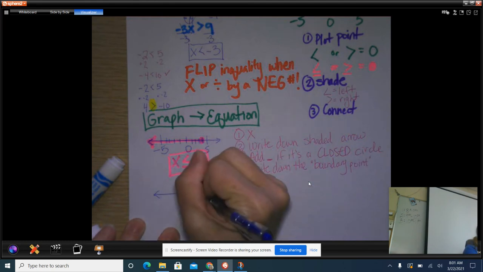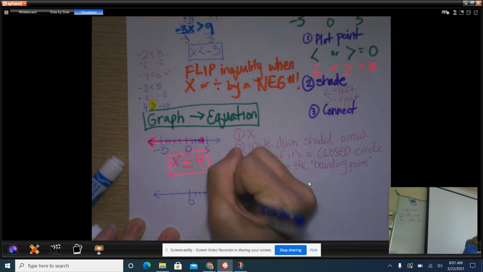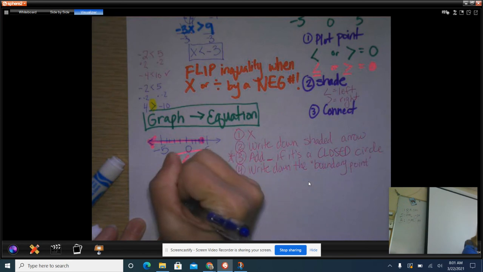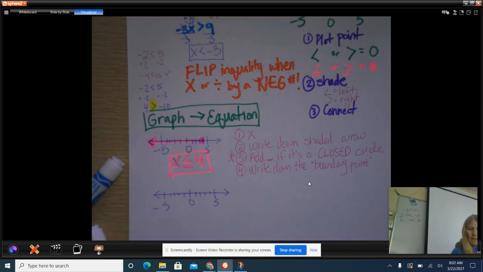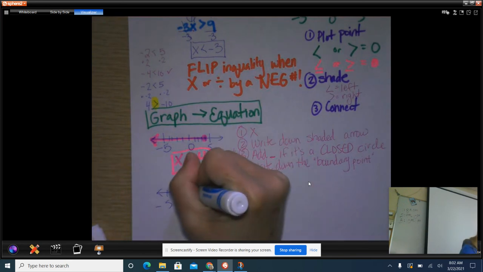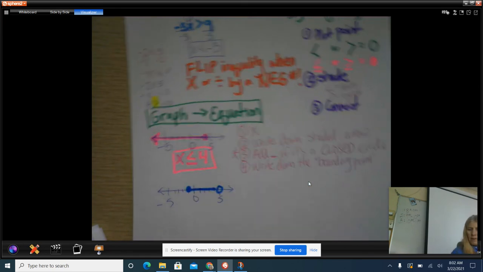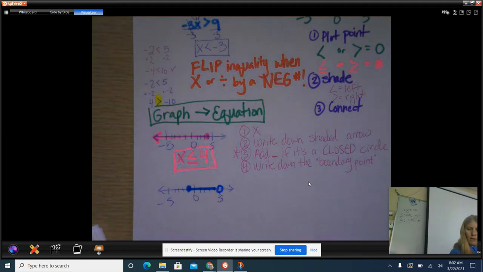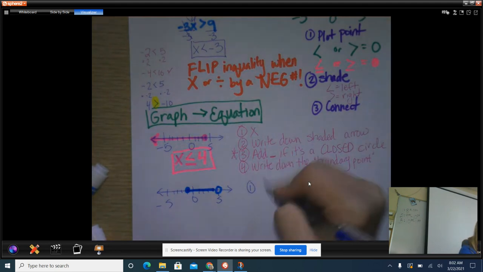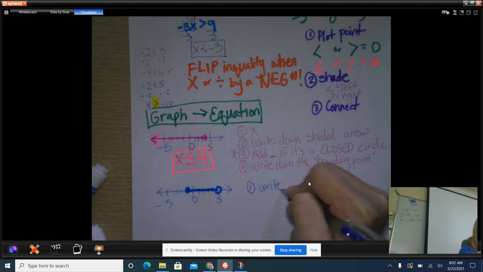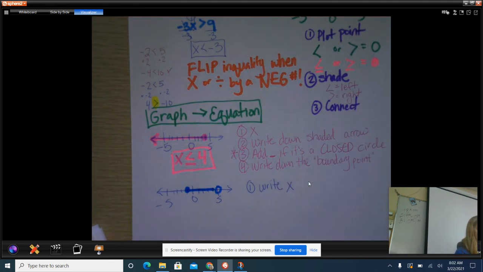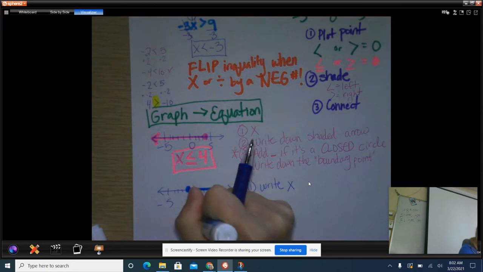So for example, let's say that I have a graph with a closed circle at -1 and an open circle at 5, and those dots are connected. Okay, so step number 1 for this process is write your x down once again. It's going to go all the way there.